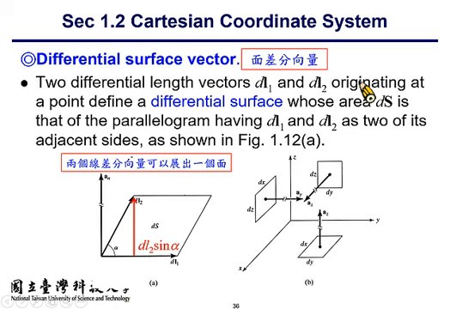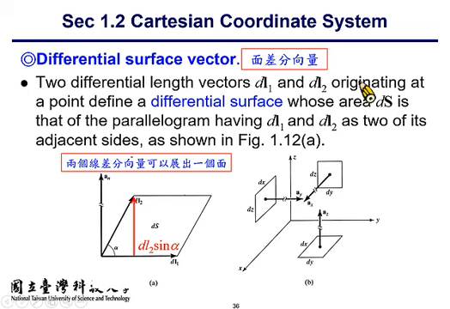So here are three examples. If you have a surface expanding on the xy plane, then its normal vector is pointing in the z direction. Here you have a surface placed along the xz plane, so it's pointing in the y direction, and here's another direction. And the size of the differential surface is described by what? Described by the product of two vectors. It's simply like a parallelogram like this.